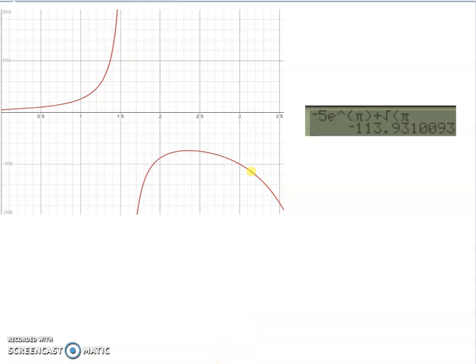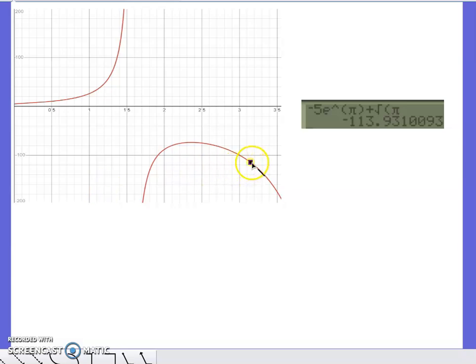If I think about coming across from that location over to the y-axis, I'm looking at a little bit past negative 100. I guess this grid line would be at negative 120. So somewhere between negative 100 and negative 120, a little closer to negative 120.